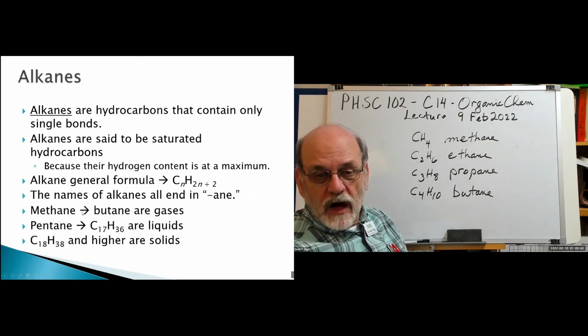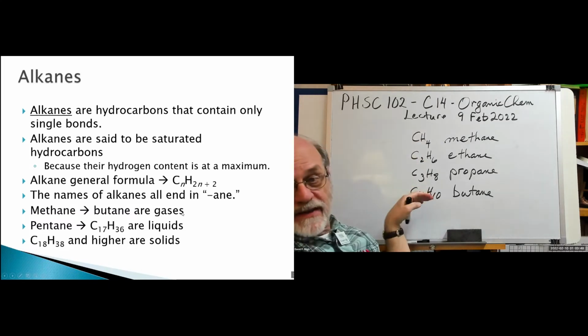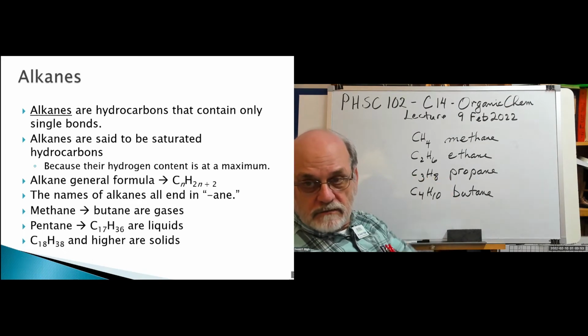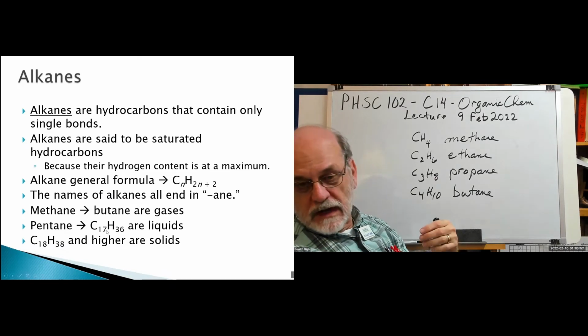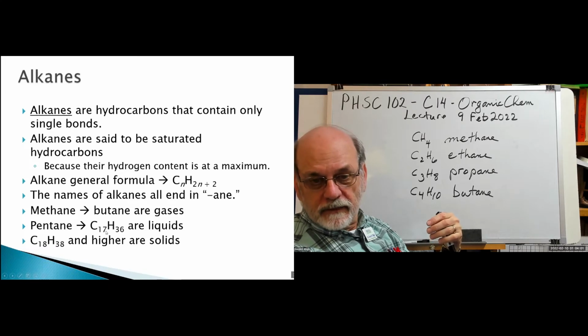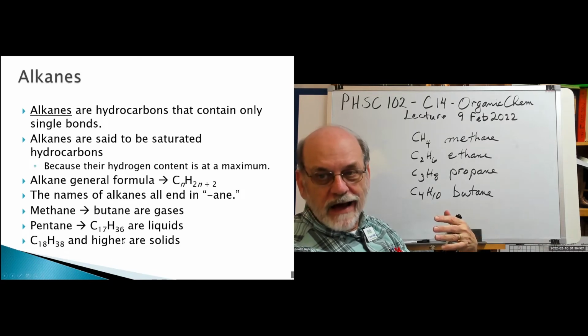Notice that up to butane, all of the alkanes are gases. Then when you get to pentane, you start creating liquids. So from pentane up through the heptadecanes, those are liquids. And beyond that, the octadecanes are solids.